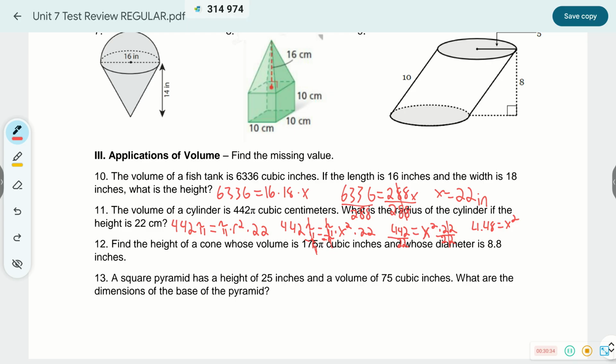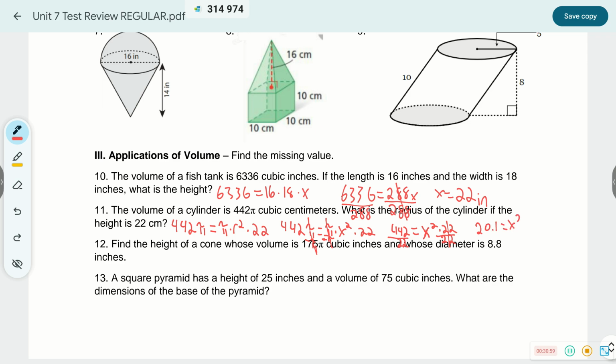442 divided by 22 is 20.1. So 20.1 equals x squared.